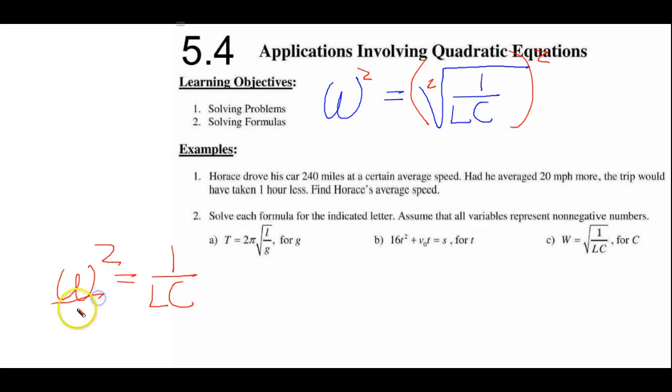Now, in a sense, this is over 1, so we can cross multiply here. W squared LC equals 1. And we want to solve for C, so we just divide out what we don't want.